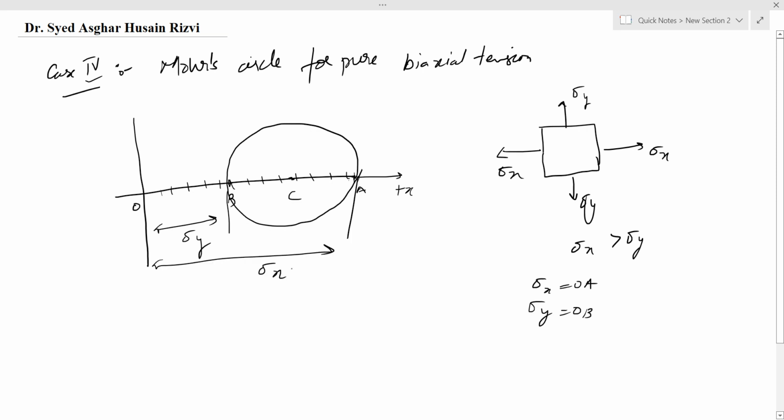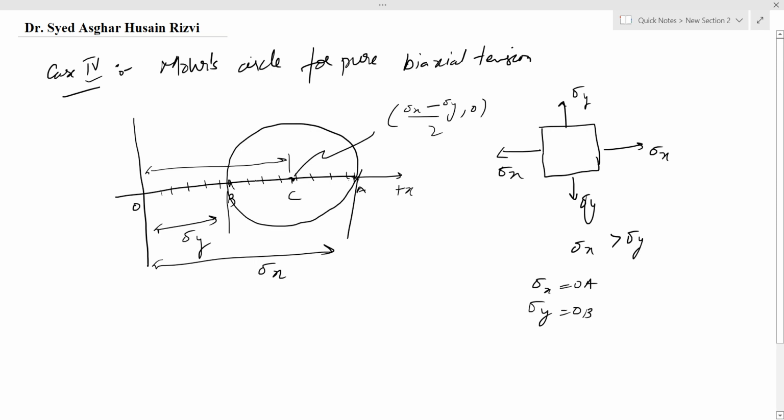You must use a scale and compass for drawing a proper Mohr circle. Here the coordinate of the center C will be this point. Coordinate of the center will be (sigma x minus sigma y) upon 2 comma 0. Since it is lying on the x-axis, y is 0.